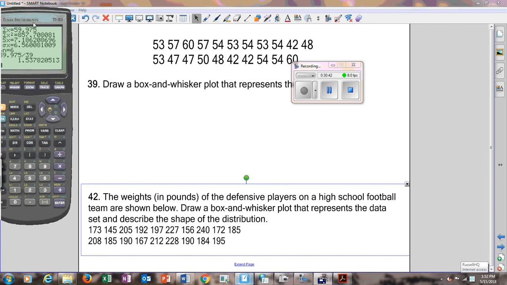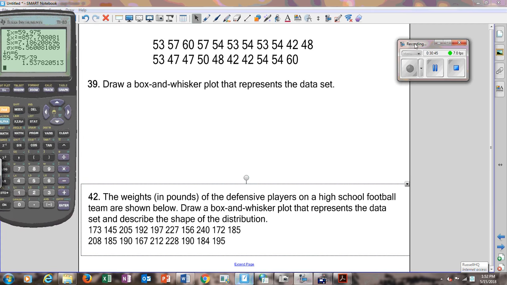Draw a box and whisker plot that represents the data. Now we're getting back to the good stuff. So let's clear out all these lists. Stat edit. Clear. Okay, then we just enter these numbers in.